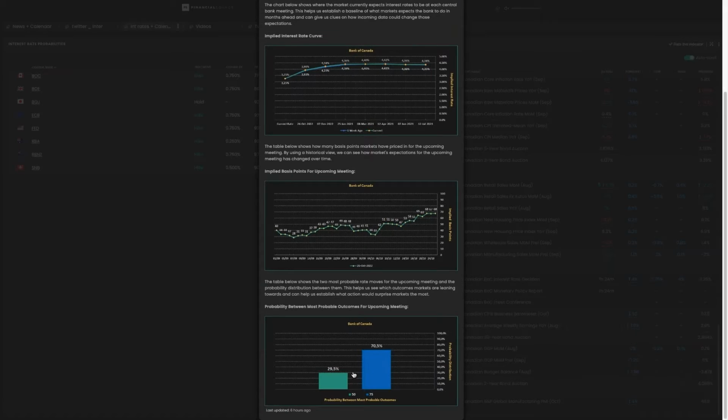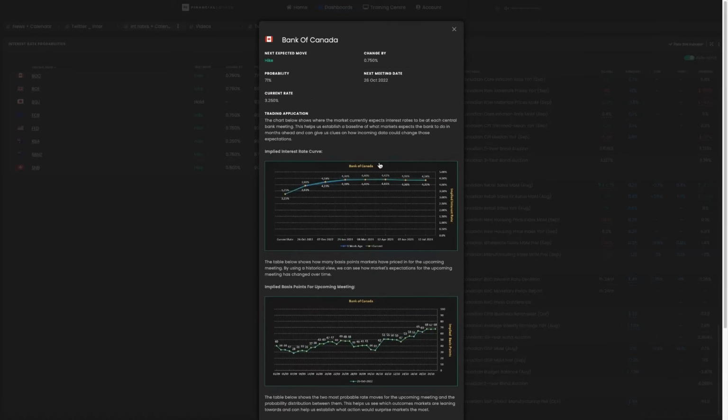So just over 70% are expecting 75 basis points, which tells us there's only 30% of expectations for 50 basis points. You can see the expectations have been building into the meeting for a more aggressive Bank of Canada.